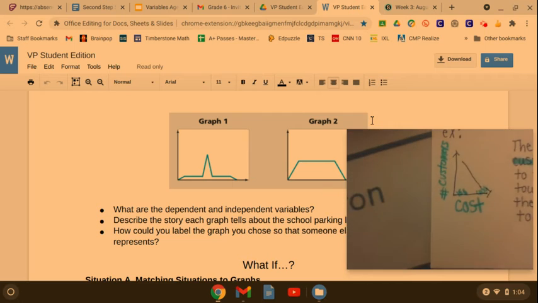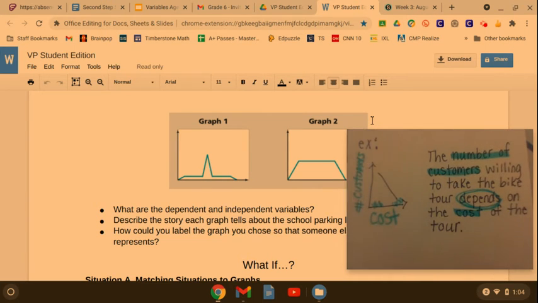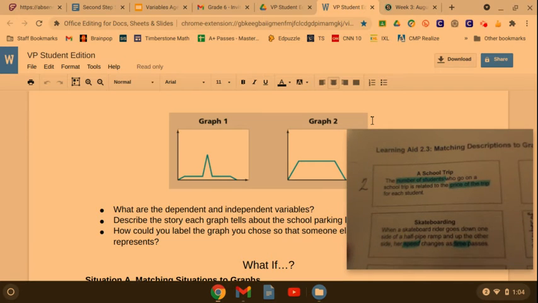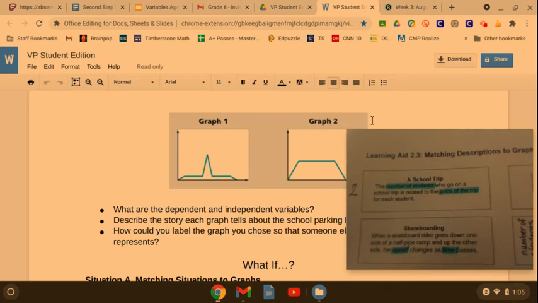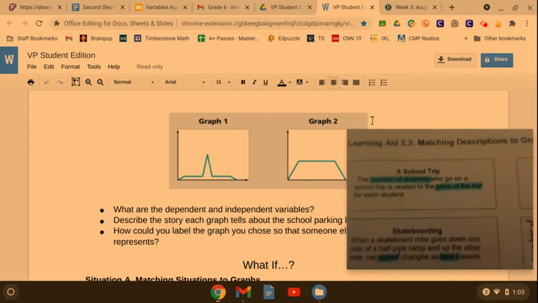So this is what you're going to be working on your lab sheet today. And I went ahead and started it for you. So when you get your lab sheet, I did one of them for you because it's very similar to what we just talked about. The very first one, a school trip, I highlighted the number of students.